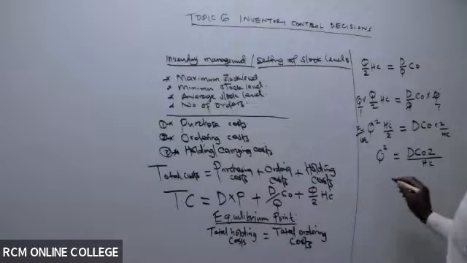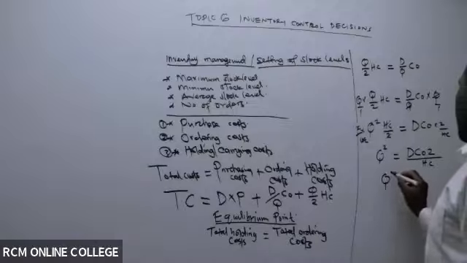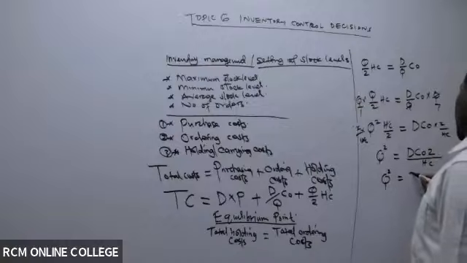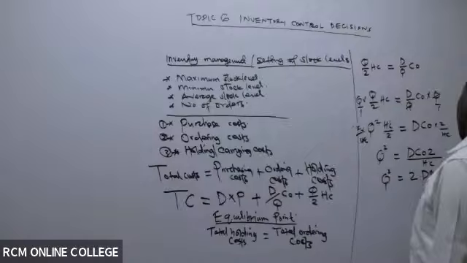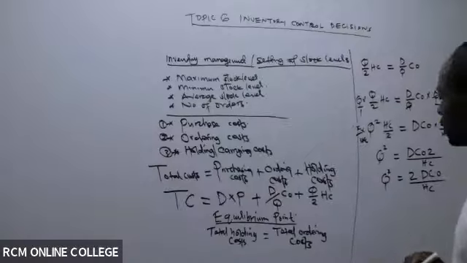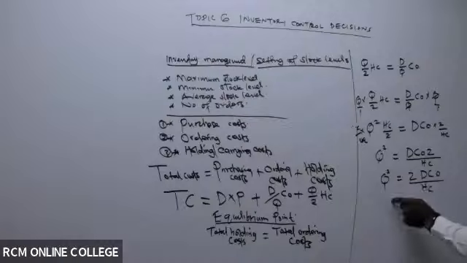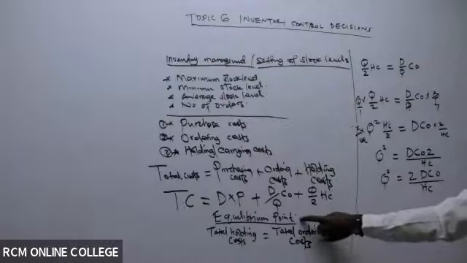I believe someone is already seeing where we are heading. So Q squared, we can do the arrangement: 2 times demand times ordering cost, divided by holding cost. Our intention is to get Q, not Q squared, the quantity at equilibrium point.